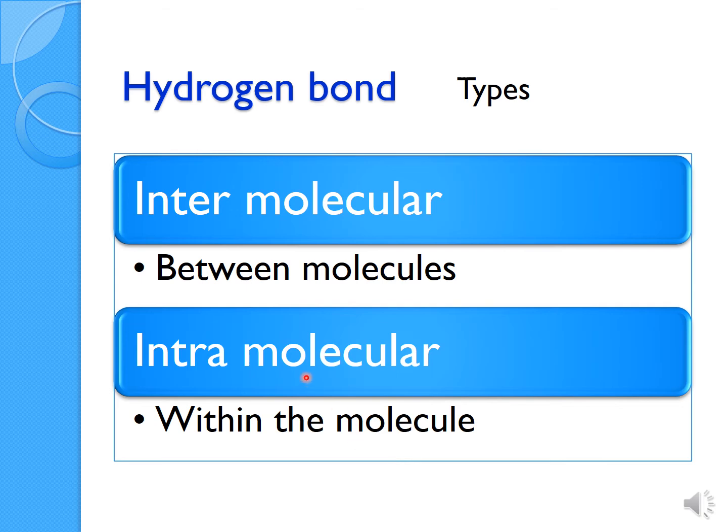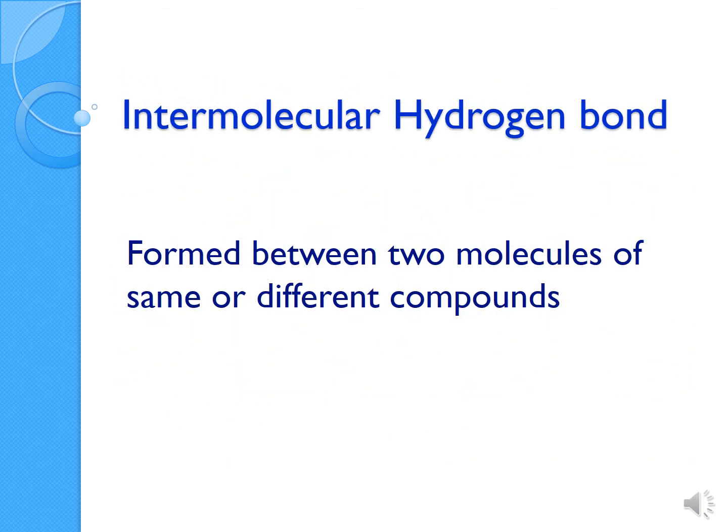Inside the molecule itself a hydrogen bond will be formed. Let's see first what an intermolecular hydrogen bond is. As we have mentioned, intermolecular hydrogen bonding is formed between two molecules of the same or different compounds.